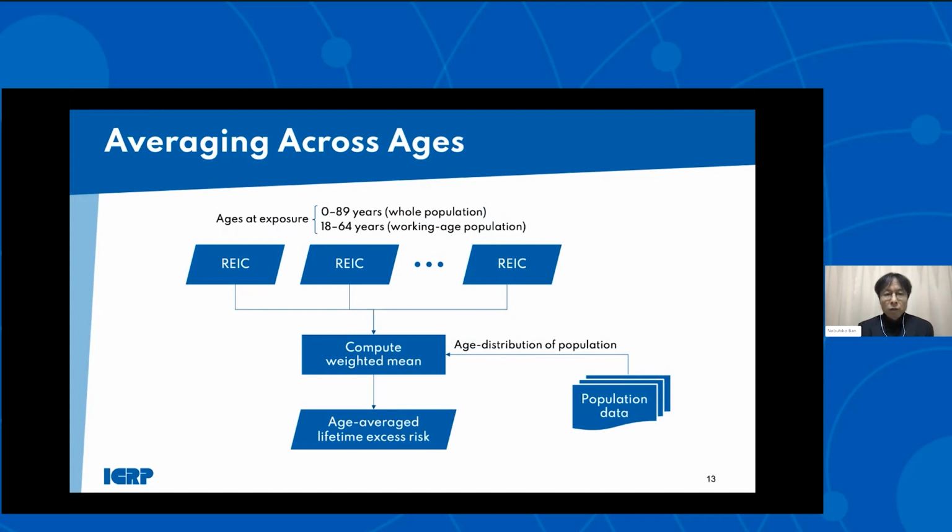Weighted mean of the REICs were computed, and the weight was assigned in proportion to the population of each age group. So in this way, age-averaged lifetime excess risk was calculated.